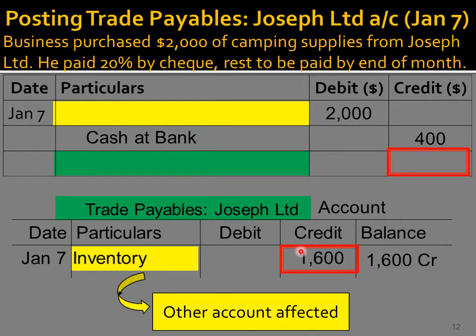The second check is the amount should only be placed in either the debit side or the credit side. In this example, since we have credited the trade payables account, we will place the amount in the credit side. After these two checks, we are done with the posting to the trade payables account, and we will then proceed on to post the cash at bank to the ledger.